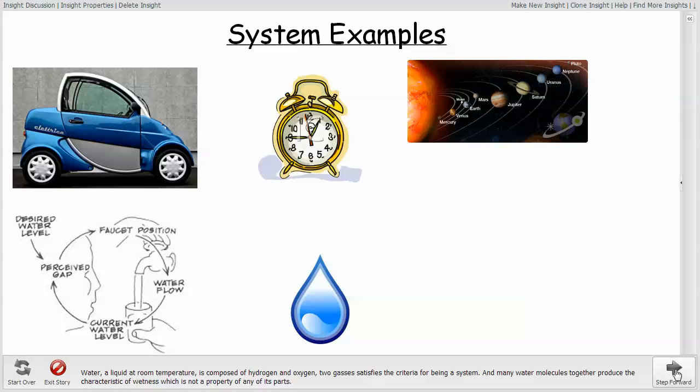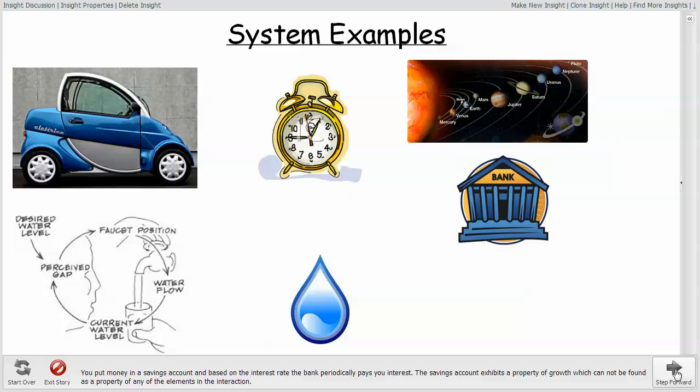Water all by itself doesn't experience wetness. It needs to interact with something before that characteristic is experienced. I guess it's a lot like if the tree falls in the woods, does it make a sound? Well, depends on how you define make a sound.